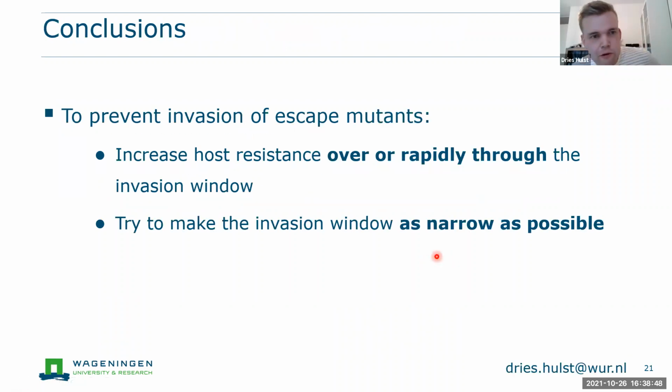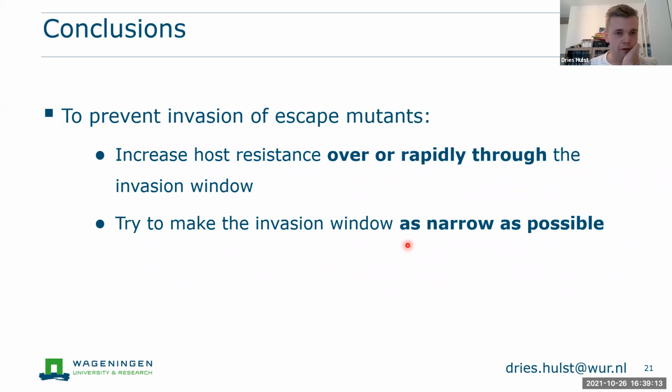So the conclusions: what we mainly see from these results is that to prevent the invasion of escape mutants, it's important to increase host resistance quite rapidly, or probably jump over the invasion window at once by sorting animals or so.